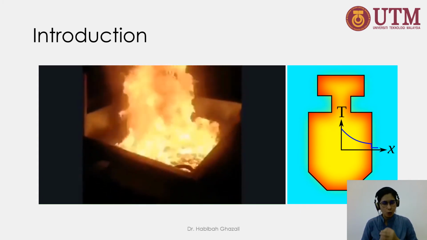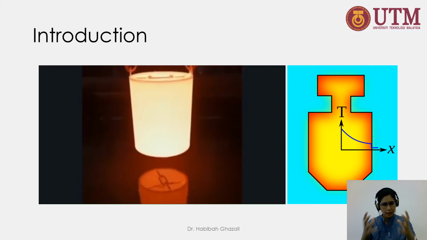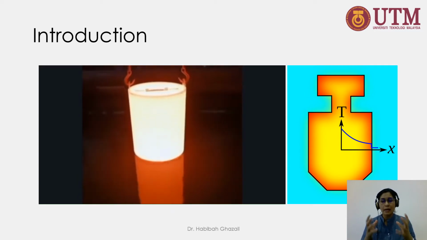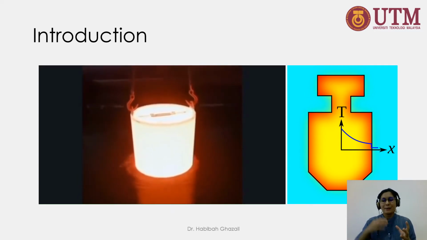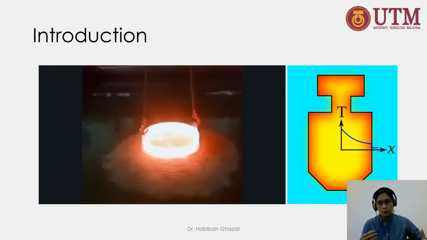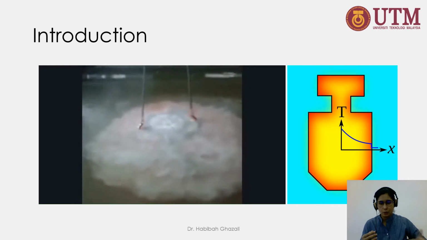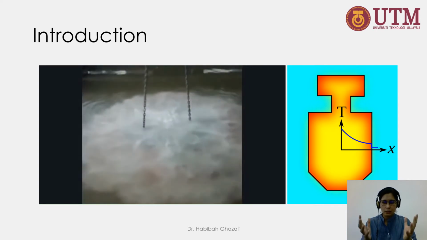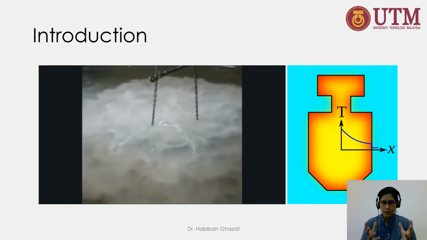By now, I hope you know that the outside will transform into martensite straight away because we cool it from austenite temperature down to room temperature straight away. So the outside structure will transform into martensite.